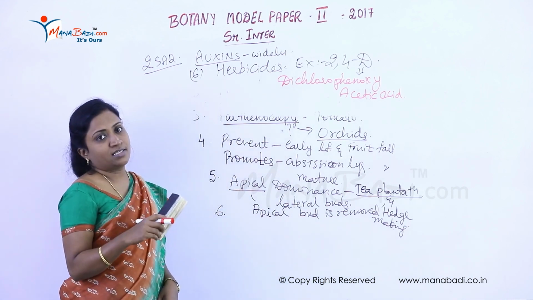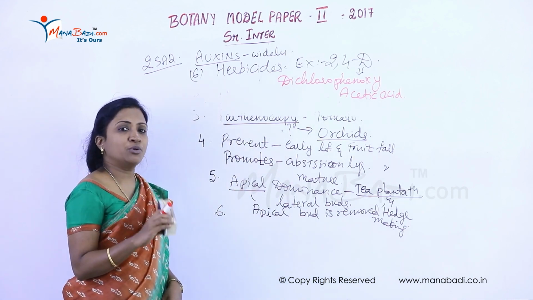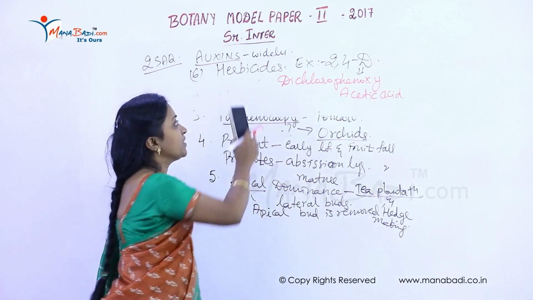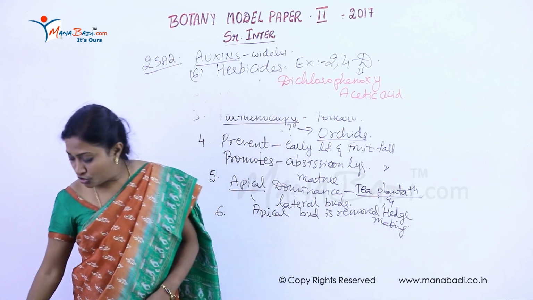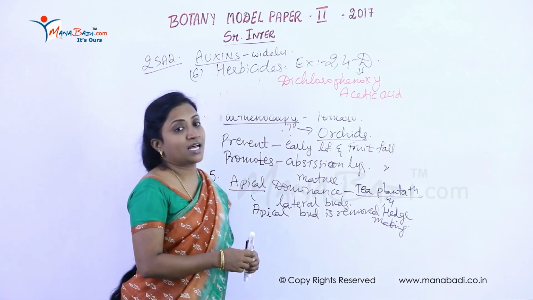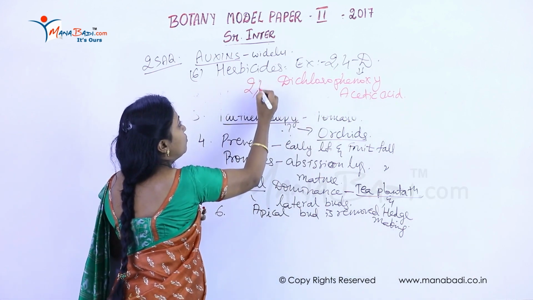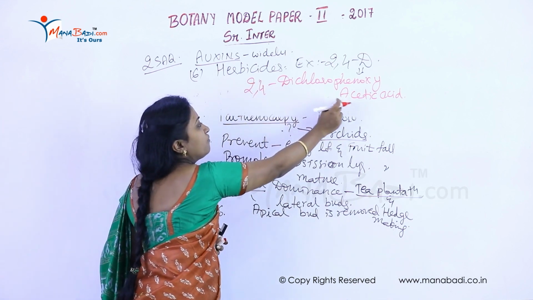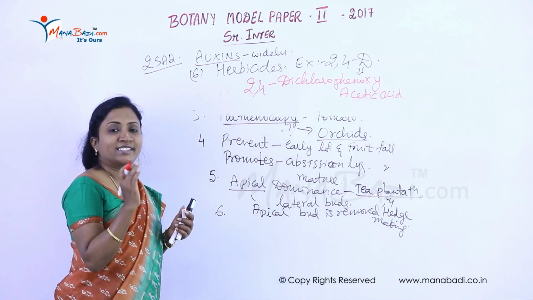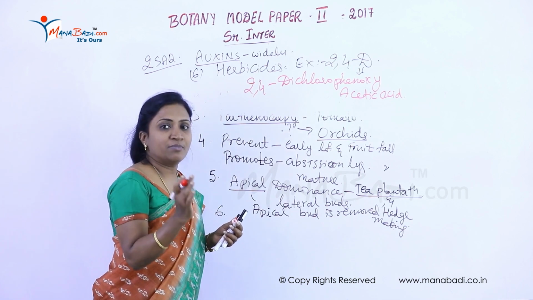As we are discussing, auxins are widely used as herbicides, and 2,4-dichlorophenoxyacetic acid is the example of a widely used herbicide.